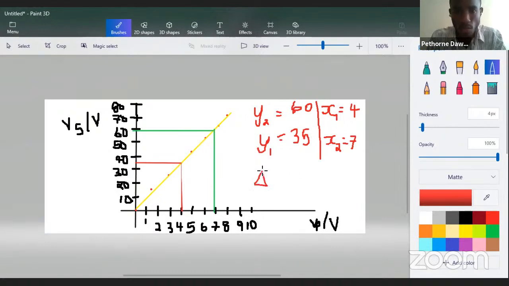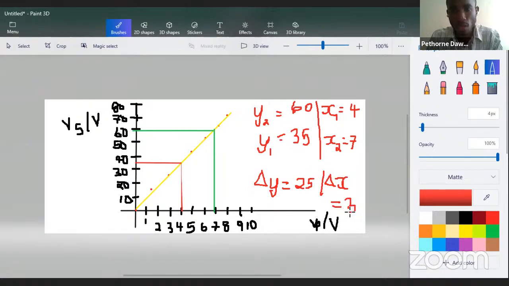So the change of y would be about 25. And the difference of the x's would be 3. Bear with me, this mouse is acting up. So the change of x is equal to 3.